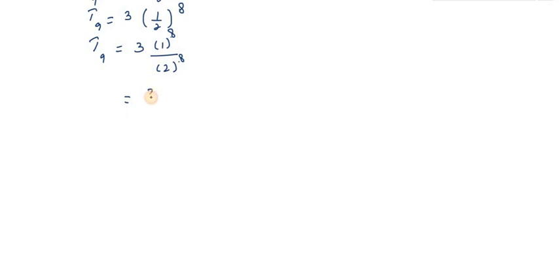We know that for simplification, we can calculate directly by calculator also. But for simplification, the first term is 32.